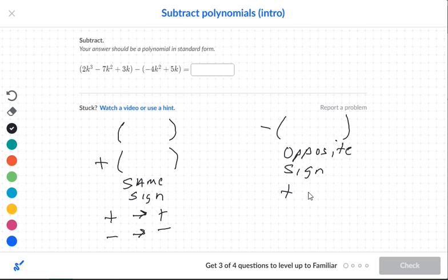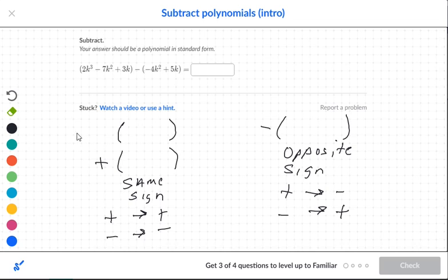If you see a positive, it's going to become a negative. If you see a negative, it's going to become a positive. So when I write these out of parentheses, if there's a minus sign in front, I'm going to make those signs opposite. If there is no negative sign, then I'm going to write down the same signs that I see. So keep that in mind as I do the problems.